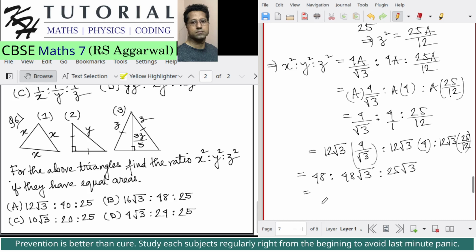So I think it should match with B, but still the ratio we have got is not equal to the ratio in choice B. Let me divide.